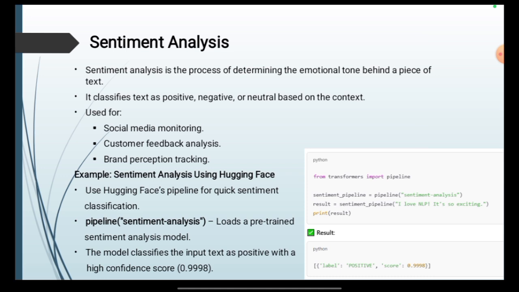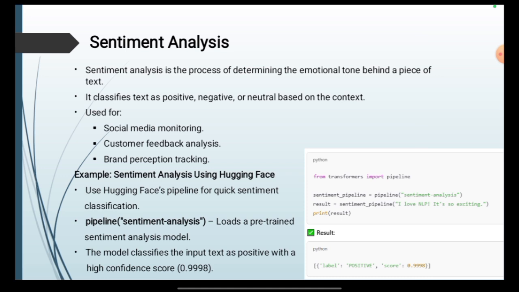In the provided Python code, the transformers library from Hugging Face is used to create a sentiment analysis pipeline with pipeline sentiment-analysis, which loads a pre-trained model for sentiment classification. The input text "I love NLP, it's so exciting" is processed by the model, which returns a result of label positive, score 0.9998.